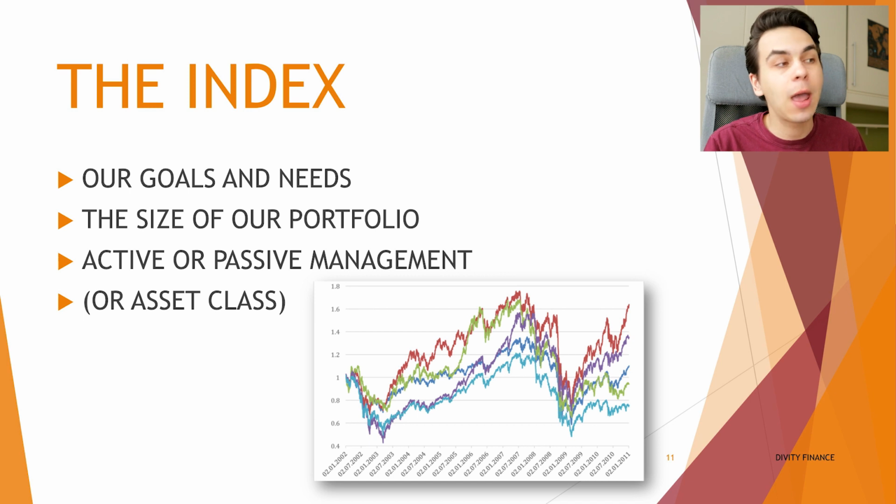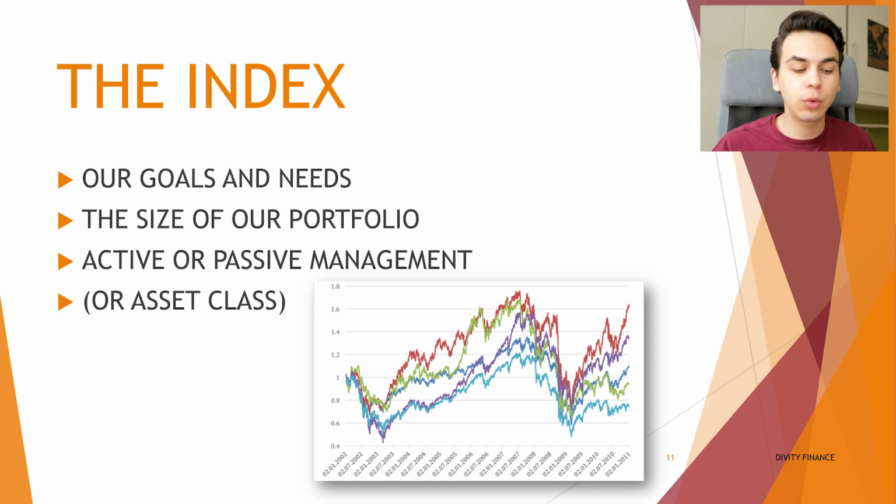Also, when we choose indices, we need to understand if we want an active management or a passive management. I'm not talking about actively managed funds, that's totally different. I'm talking about how we want to manage our investments. Do we want to manage it actively or passively? What I mean is simply that an actively managed portfolio is a portfolio that will have a lot of sectors inside.